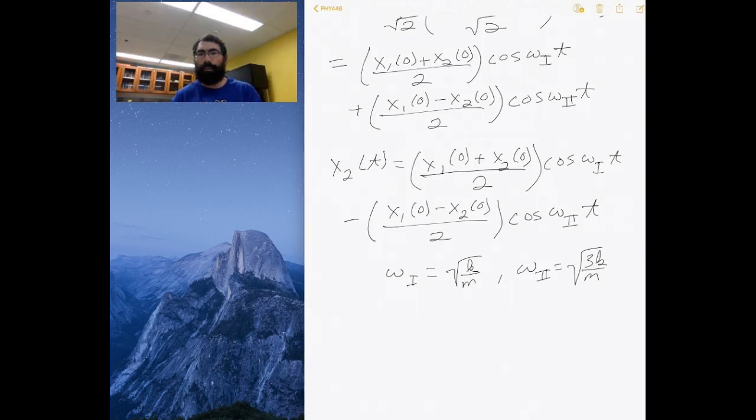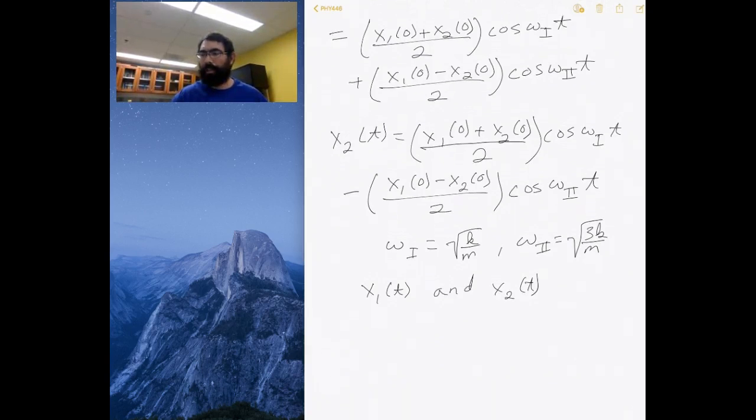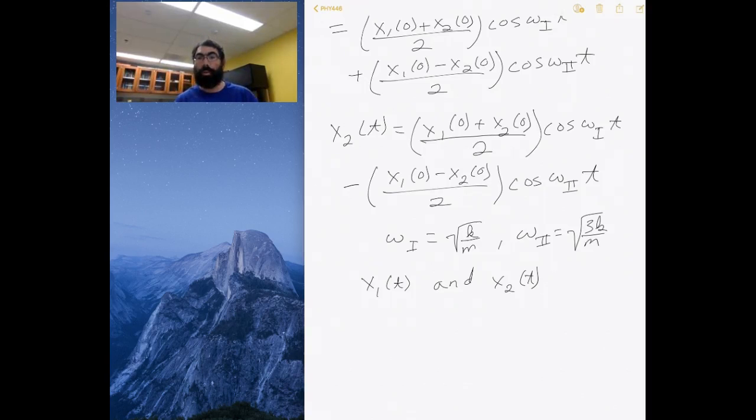We have functions, x1 as a function of time and x2 as a function of time, and we've worked out all of the normalization factors. That's what gives us the divide by 2 in these equations right here. We have the sinusoidal behavior of the cosine. We've got the eigenvalues, which are basically the angular frequencies of the oscillation of either mode, either the coupled mode of the two moving in the same direction, or the breathing mode where the two masses are moving in the opposite directions of each other.